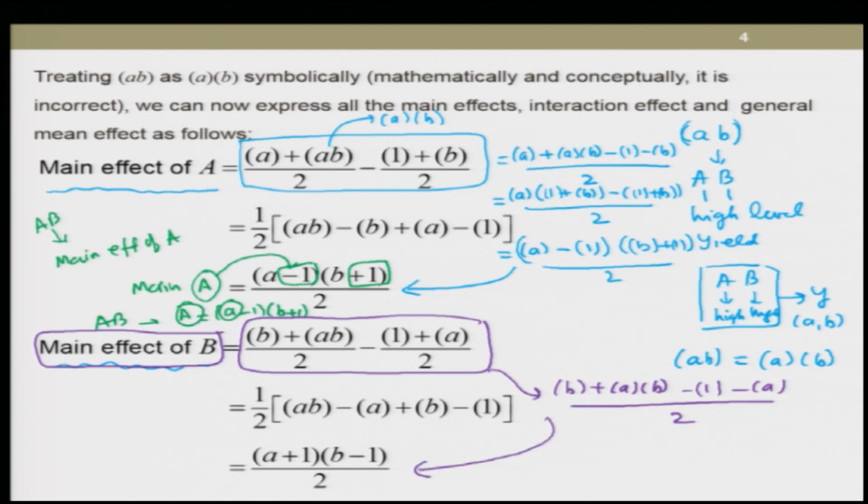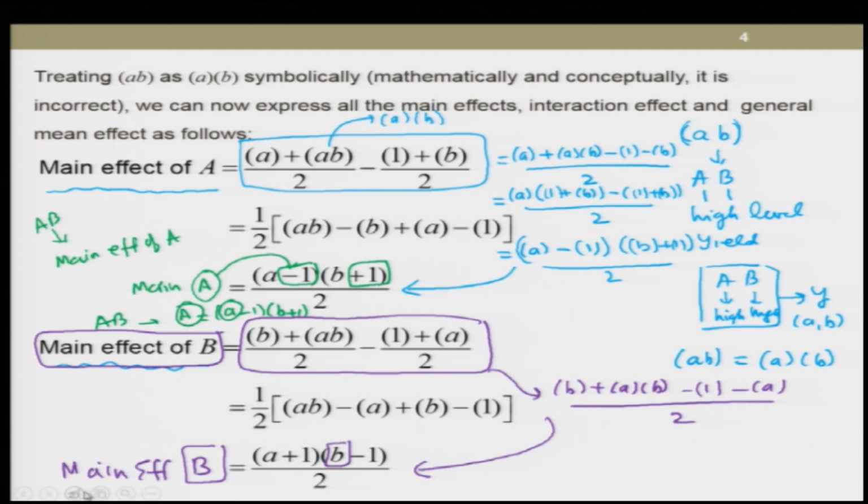Now in this case you can see that when I write the main effect of B, A is not present. So for the factor which is not present, I will use the symbol plus 1, and for the alphabet which is common, I will use the symbol minus 1. You can see this B is here and this B is here.